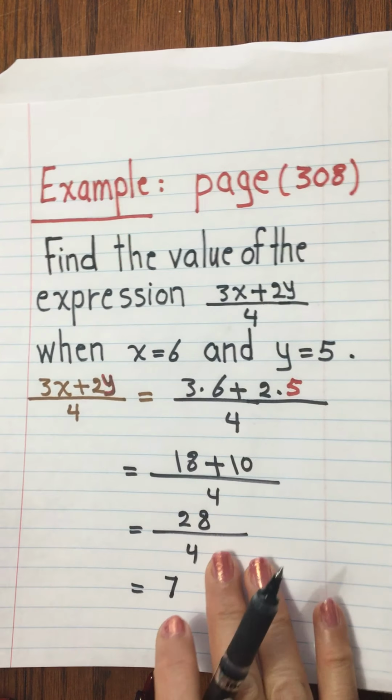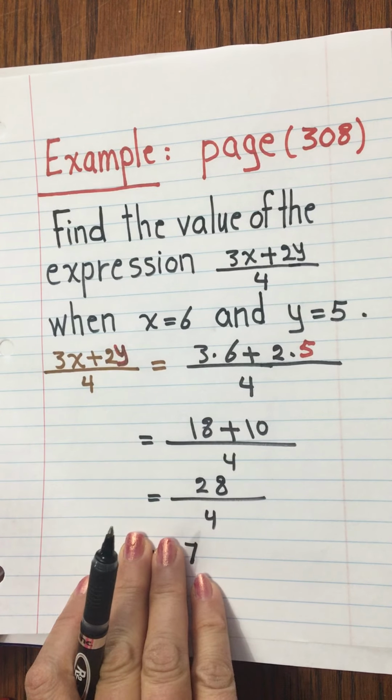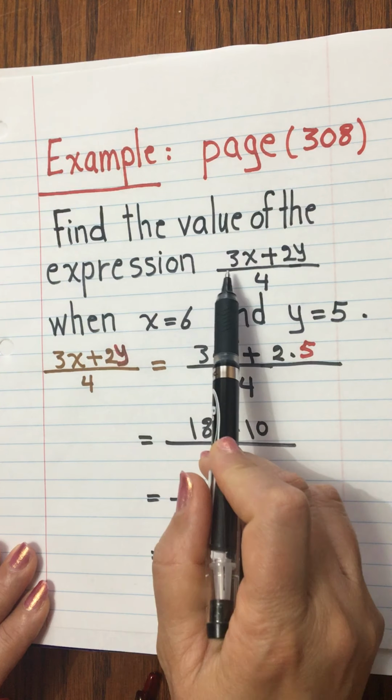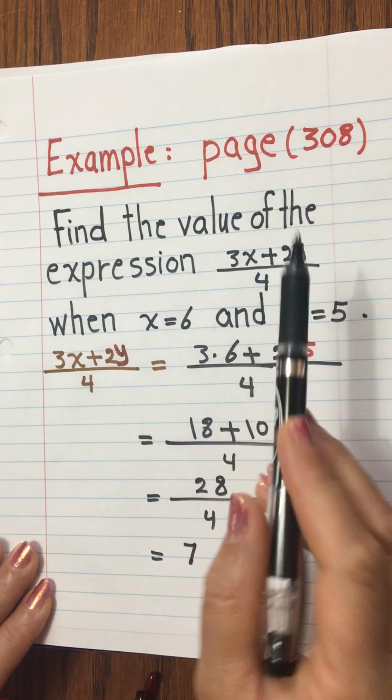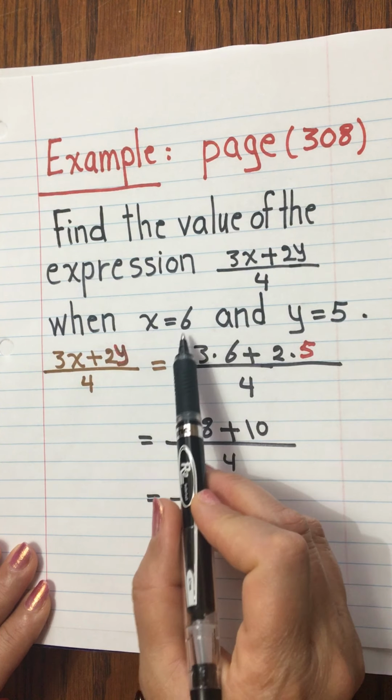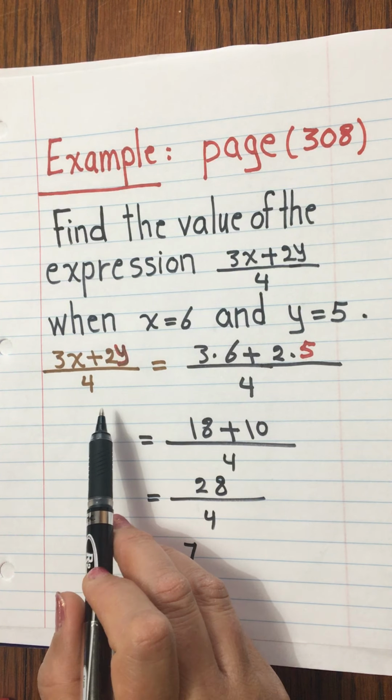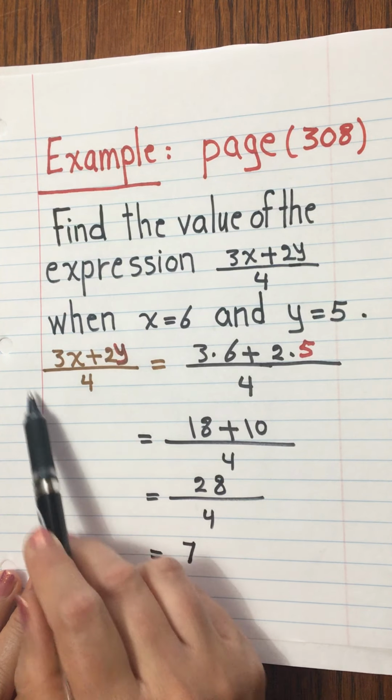Example on page 308. Finding the value. Find the value of the expression 3x plus 2y over 4 when x equals 6 and y equals 5. So this is the fraction.